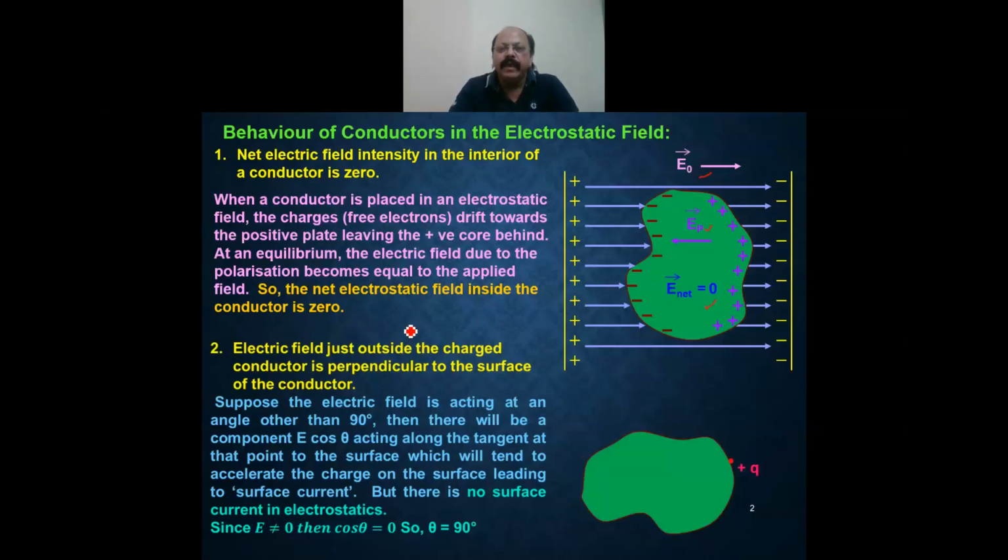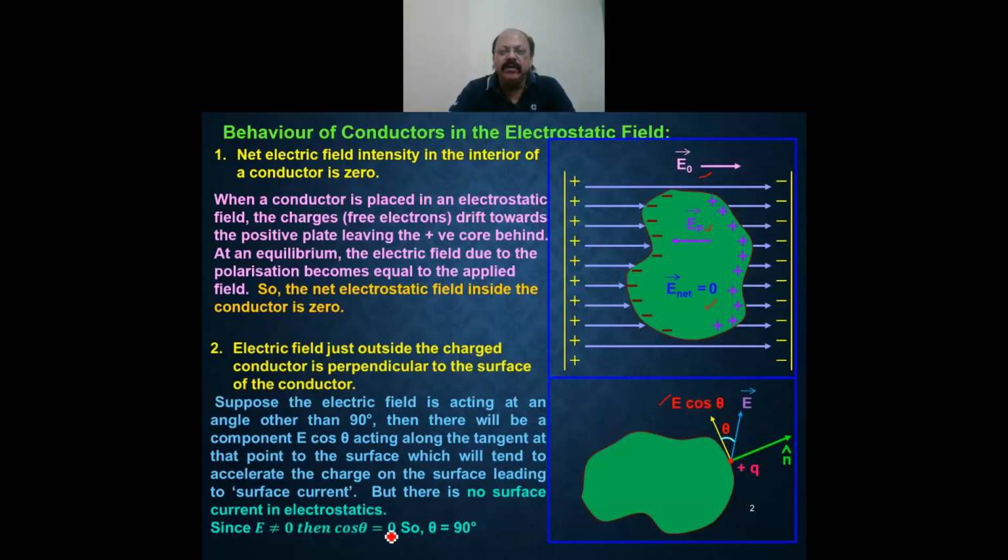Obviously, if we say that an electric field is acting at some angle other than 90 degrees, then there will be a component of the electric field, that is E cos theta, which is acting along the tangent to the surface, and due to this E cos theta, the charge Q must accelerate and develop the surface current. But in electrostatics, charge is at rest, therefore this E cos theta should be zero, then there is no surface current.